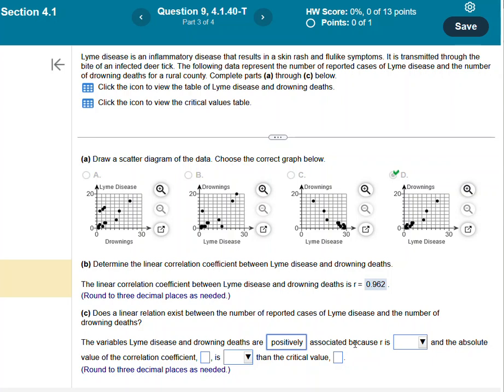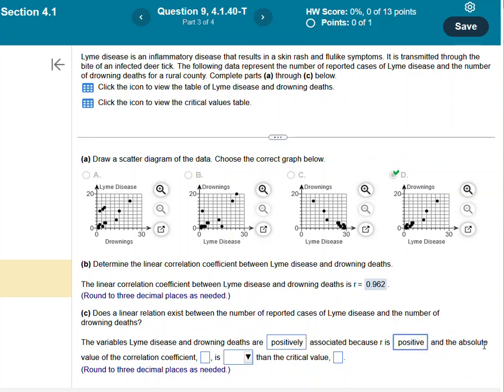Had this number been negative, we would say negatively associated. And yeah, so the variables are positively associated because the value R, which is this value up here, is positive.